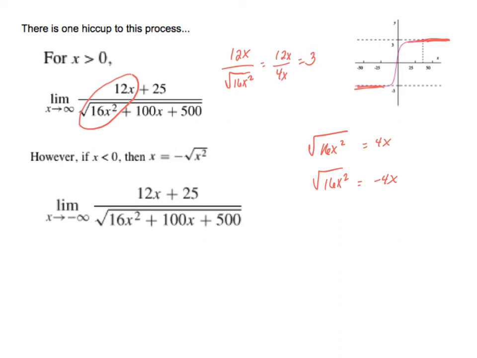How do we analyze this? Think about it like this. If x is negative, right, how do we make this hold true? Because if x is negative, let me use negative 1 as my example.